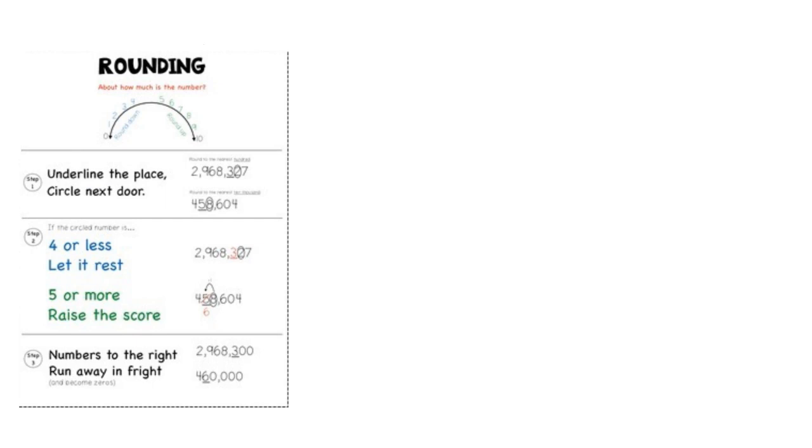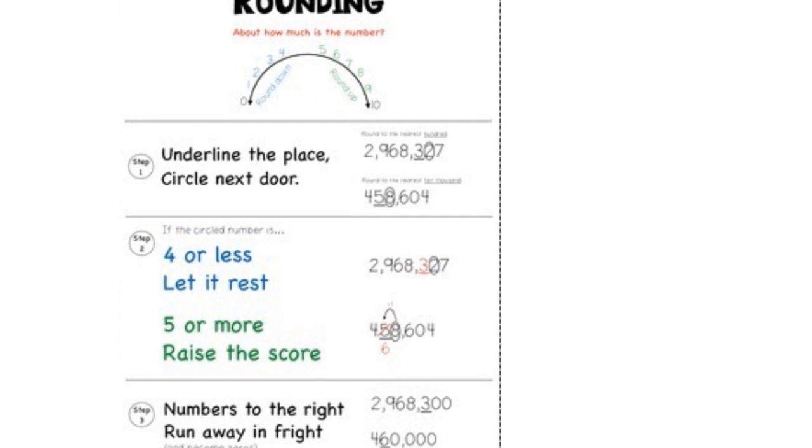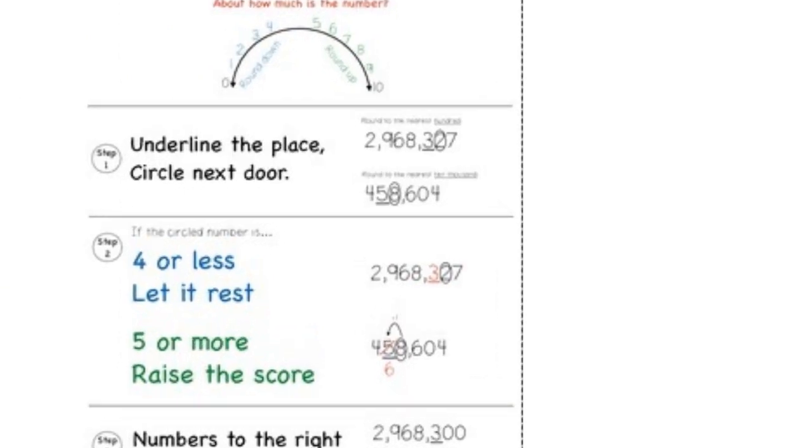So this is just a quick reminder of how we used to do this, all right? The key idea is this. When we're rounding, we underline the place that we want to round, okay? Now, when we've done that, it will allow us to look at the number that we are going to round.